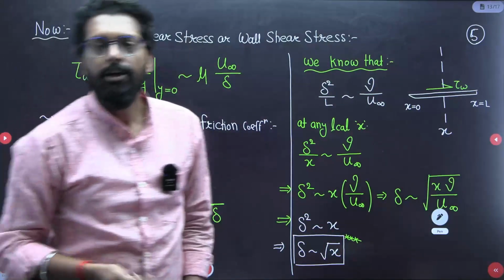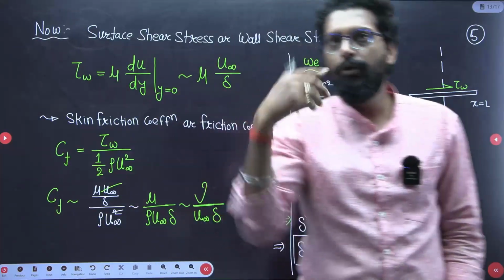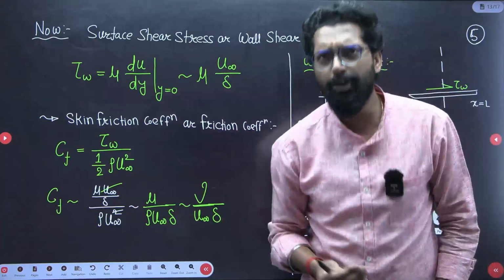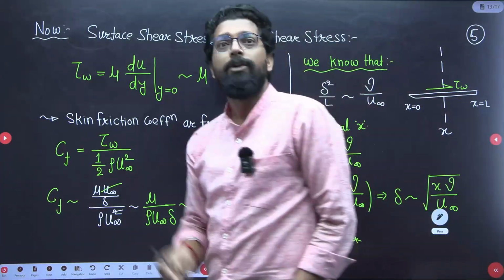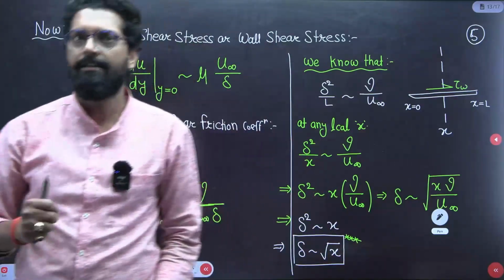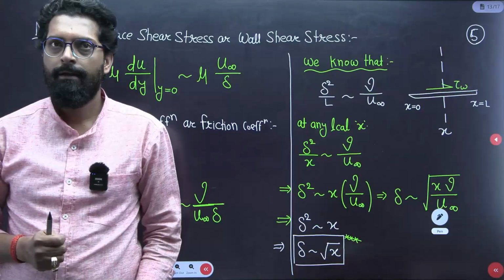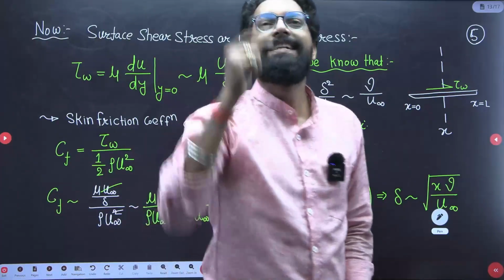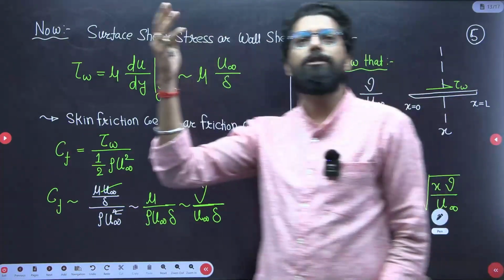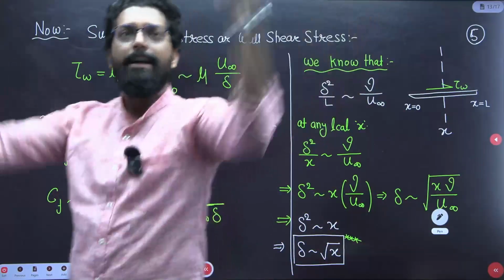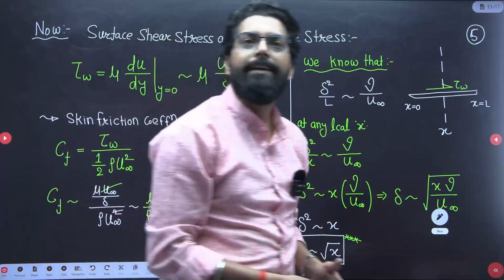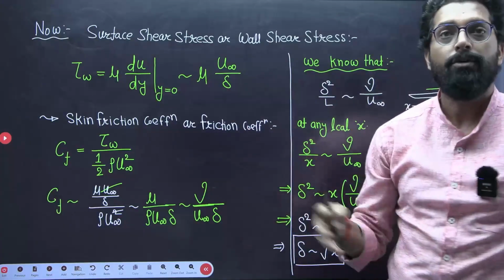Someone asks you, what is the use of the boundary layer? The boundary layer is used to calculate lift and drag. That's it. Clear? And when is the boundary layer valid? When delta by L is less than 1 or the Reynolds number is high. Then, with a larger Reynolds number and a smaller delta by L ratio, in that condition the boundary layer theory will be valid.